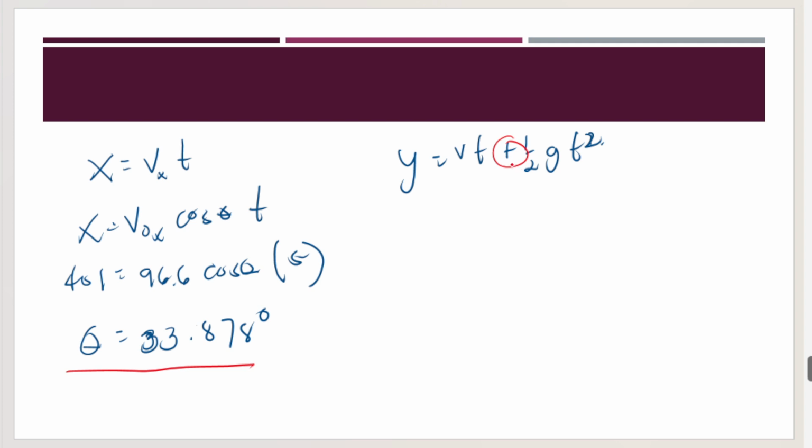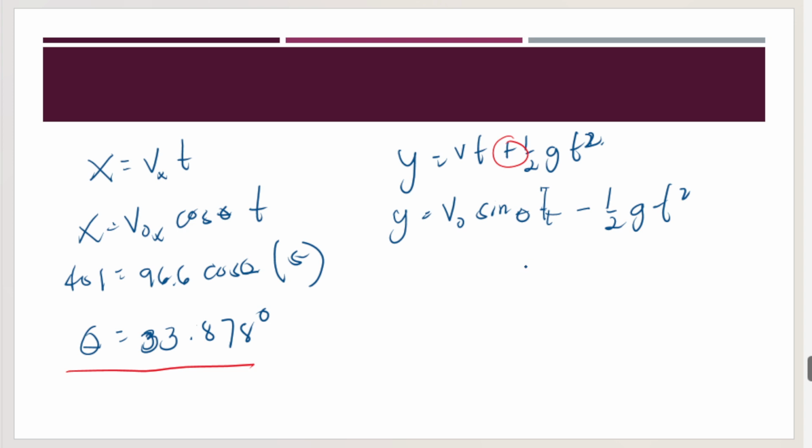So, negative to. Itong v natin, na tinutukoy yung initial velocity ay magiging in consideration dun sa ating theta. Kaya lumalabas yan, y is VO sin theta t minus, kasi projectile di ba? 1 half gt squared.